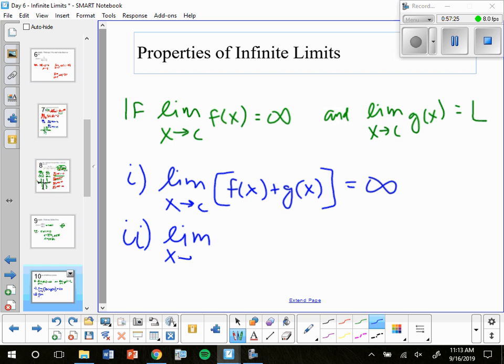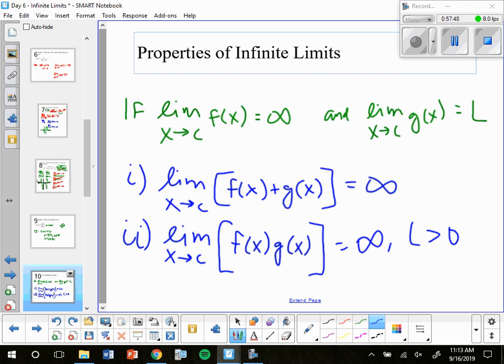If I multiply them together, f of x is approaching infinity, g of x is approaching L. What does that equal? Infinity, if what's true? L is positive. Good. So not your function, but your limit. So this goes to infinity as long as L is positive.